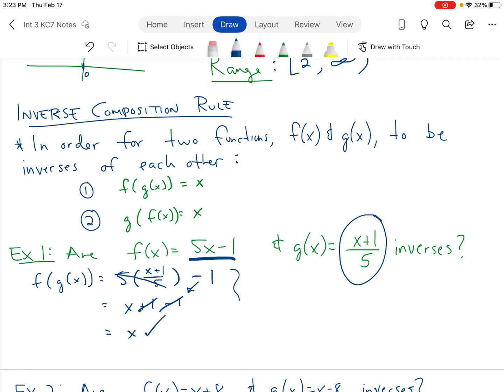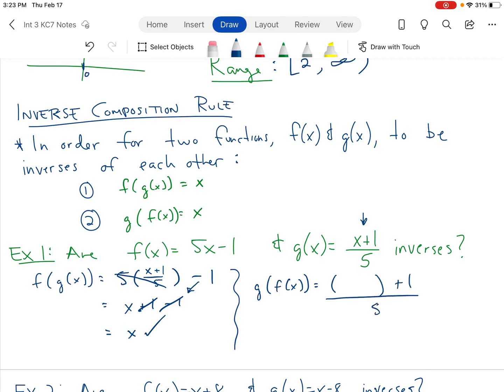Now, that doesn't mean they're inverses of each other yet. I need to prove the other way around, g of f of x. That also needs to be equal to x in order for this to work. So, let me erase this because now we're going backwards. I am going to rewrite this function, but instead of x, I'm going to put parentheses, plus 1, all over 5.